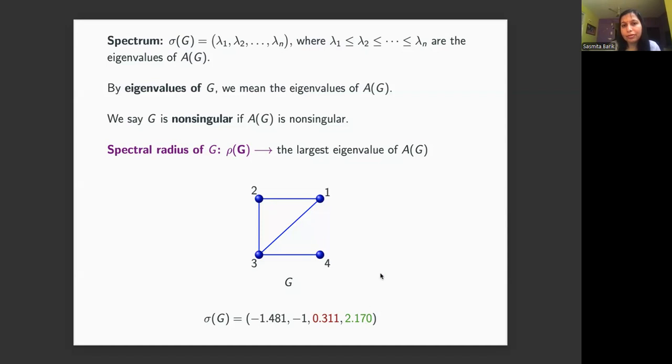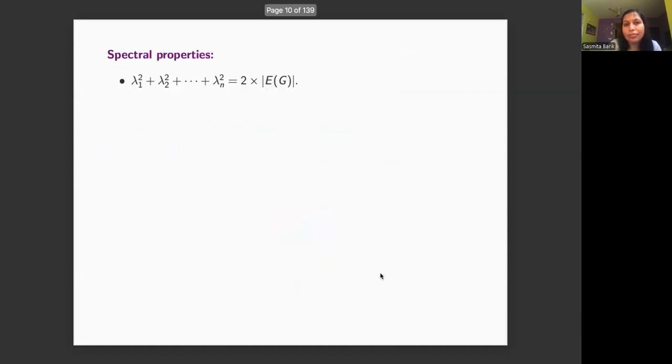Eigenvalues are studied, but if I know all the eigenvalues, what can I say about the graph structure? If I add all the eigenvalues, the trace is 0, so the sum of all eigenvalues is 0. But if I take the squares of all eigenvalues and add them, that gives 2 times the number of edges.